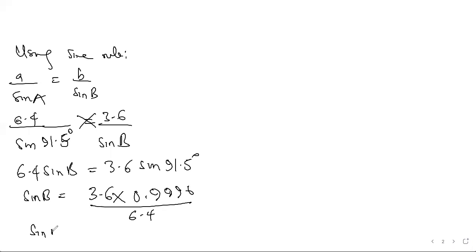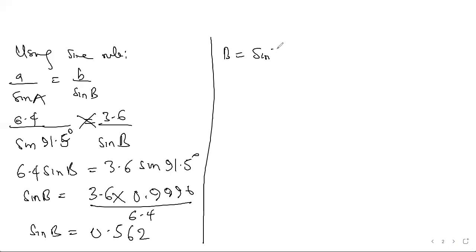So sine B will be multiplied by 3.6, then divided by 6.4, which gives 0.562. So B will be sine inverse of 0.562, and B will be 34.2.